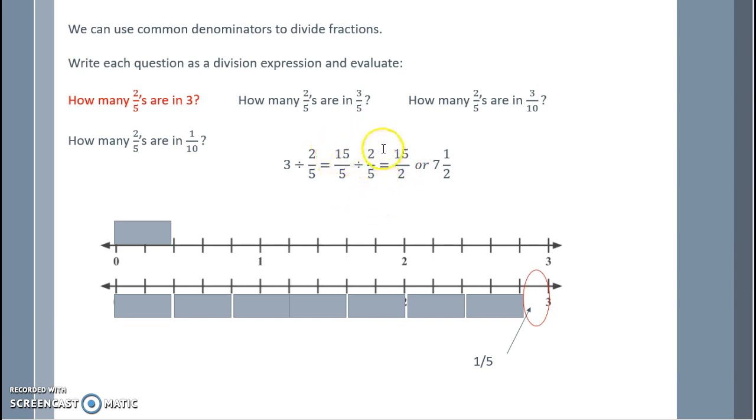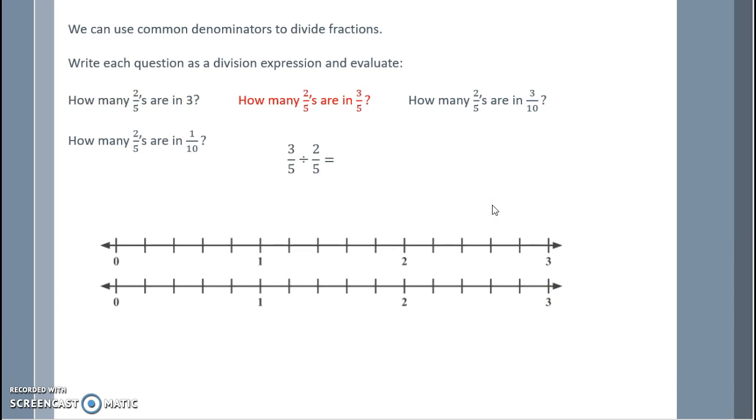Notice how I'm taking my numerators and that becomes my division. So 15/5 divided by 2/5 is the same as 15 over 2, which is 7 1/2. So we're splitting the total 15 into groups of 2, and we're able to get 7 groups of 2 with 1/2 left over.